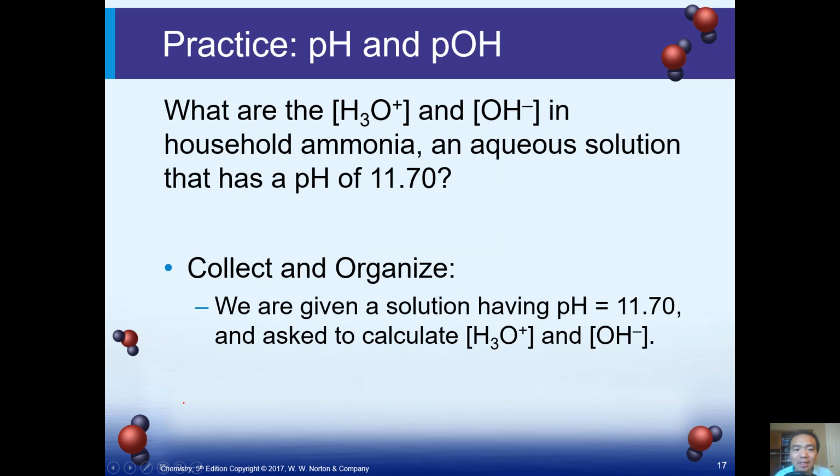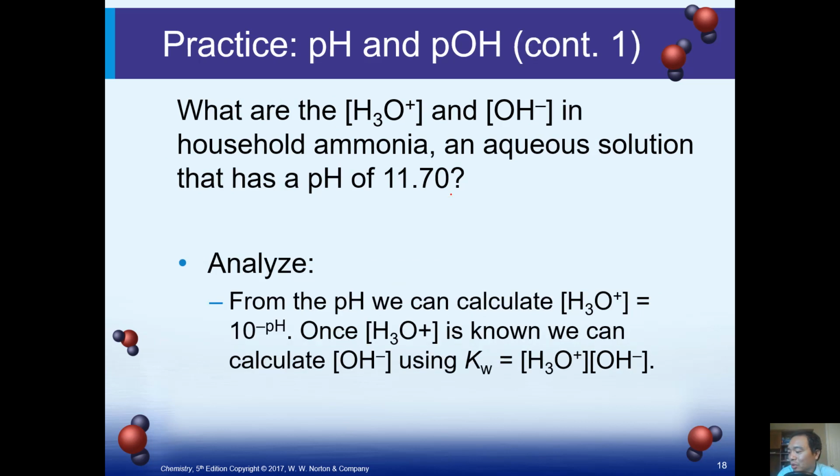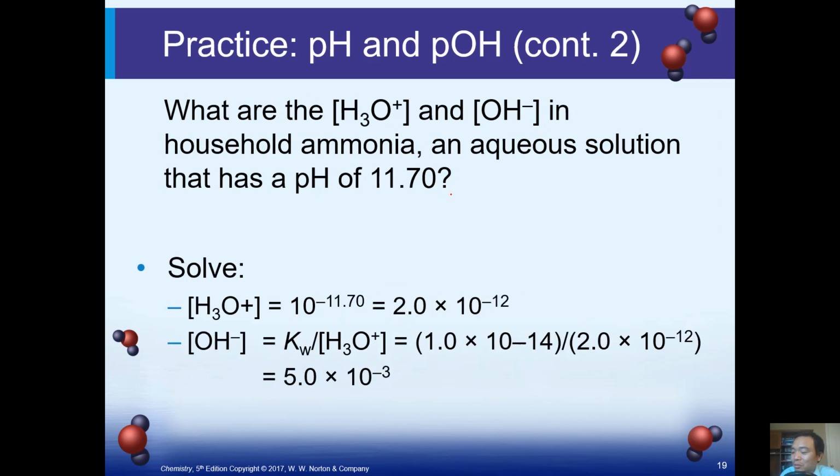Let's do a simple calculation. If we know a solution has a pH of a certain number, in this case 11.70, can you calculate the hydronium ion concentration and the hydroxide? We do know what the pH is defined as, so we should be able to do the opposite, because we do know this is the definition of pH.